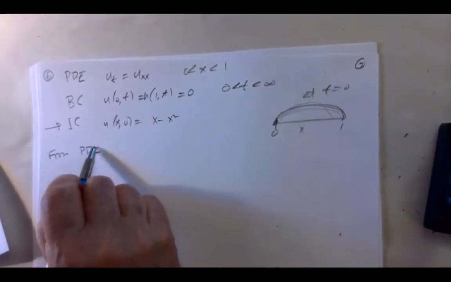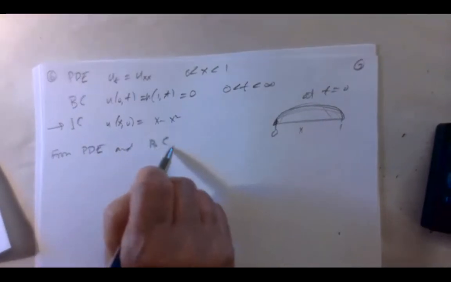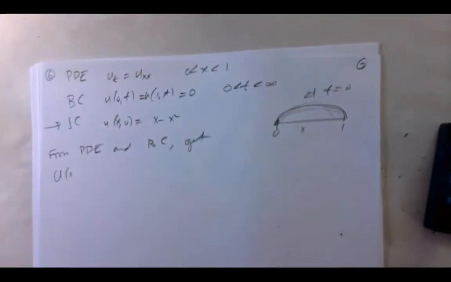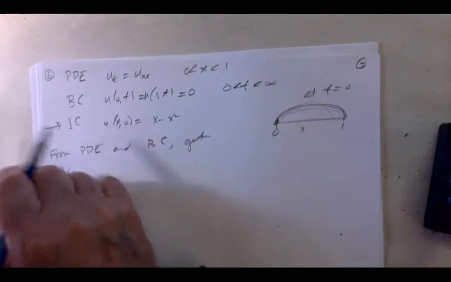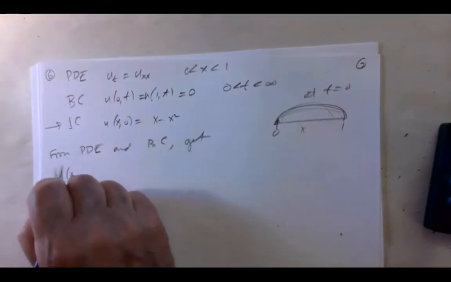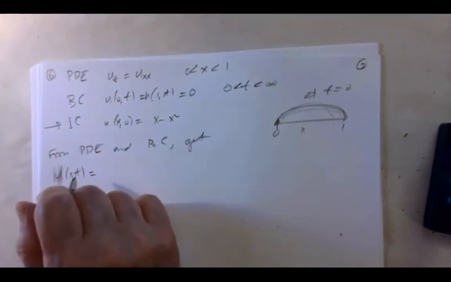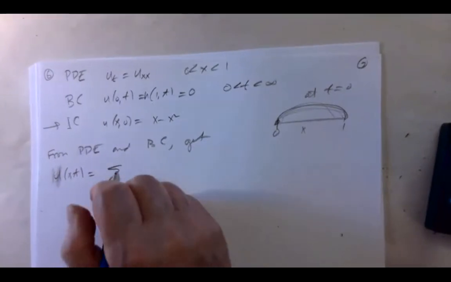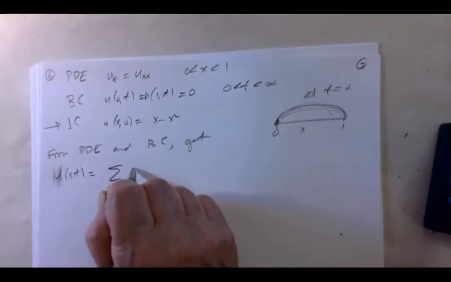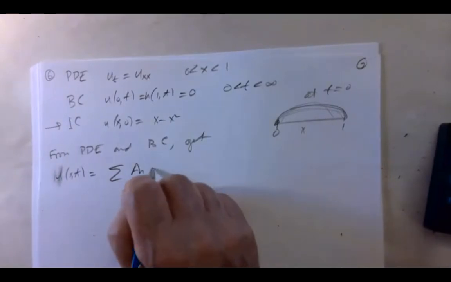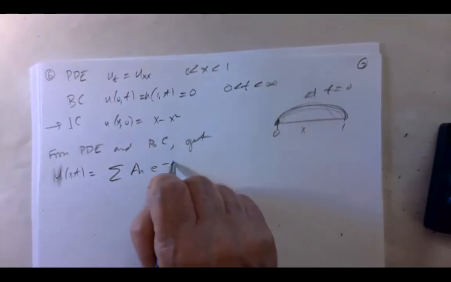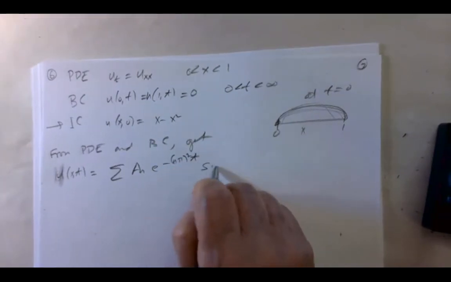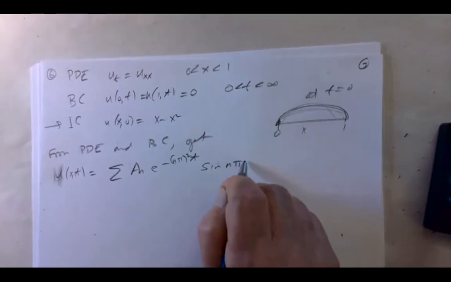From the PDE and the boundary conditions, we get that u of x, t is some Fourier series, some function of the form a sub n e to the minus n squared pi squared t times the sine of n pi x.